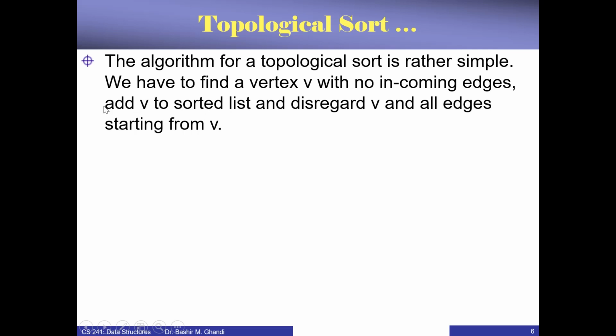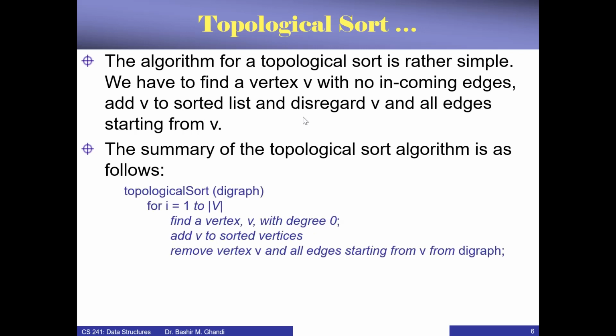Visit it first, in other words, add it to the sorted list, and then remove it and all edges emanating from it from the graph. Disregarding V and all edges starting from V means basically deleting that particular vertex after visiting it. And of course, if you delete a vertex, you have to delete all the edges that emanate from it. So keep doing that until your graph becomes empty. You will see that you have the elements sorted.